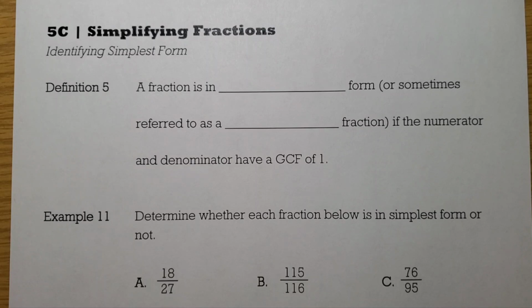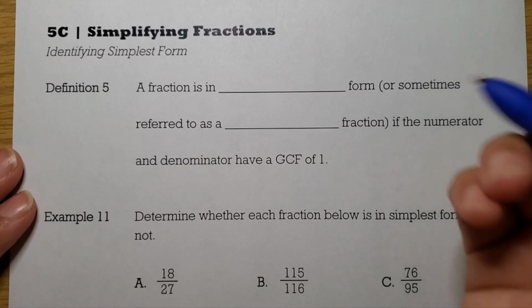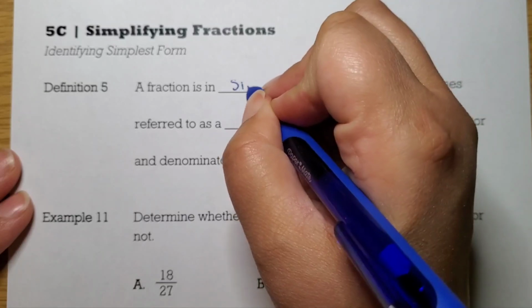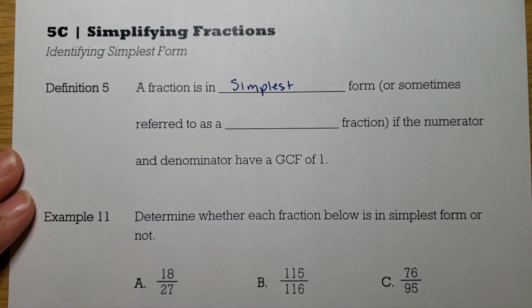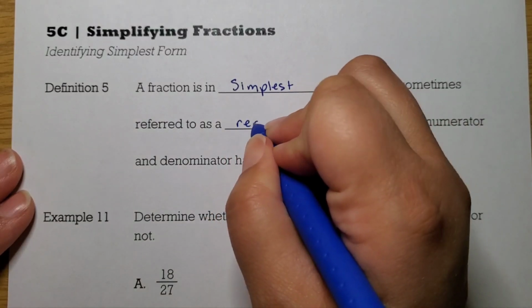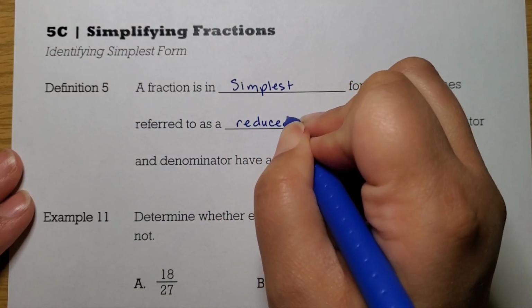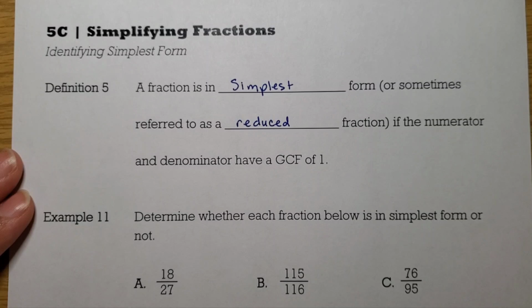So a fraction is going to be in simplest form, or sometimes we'll call that fraction a reduced fraction, if the numerator and the denominator have a greatest common factor of 1.